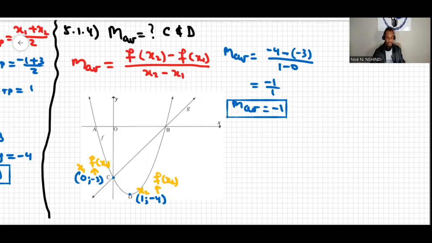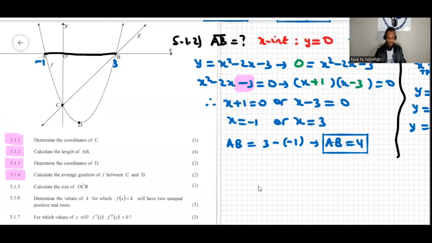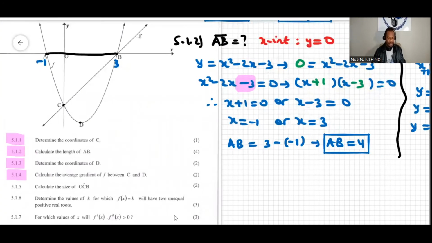Now, the following question is question 5.1.5. The question says calculate the size of OCB. OCB is the angle, so we're looking for this angle here.